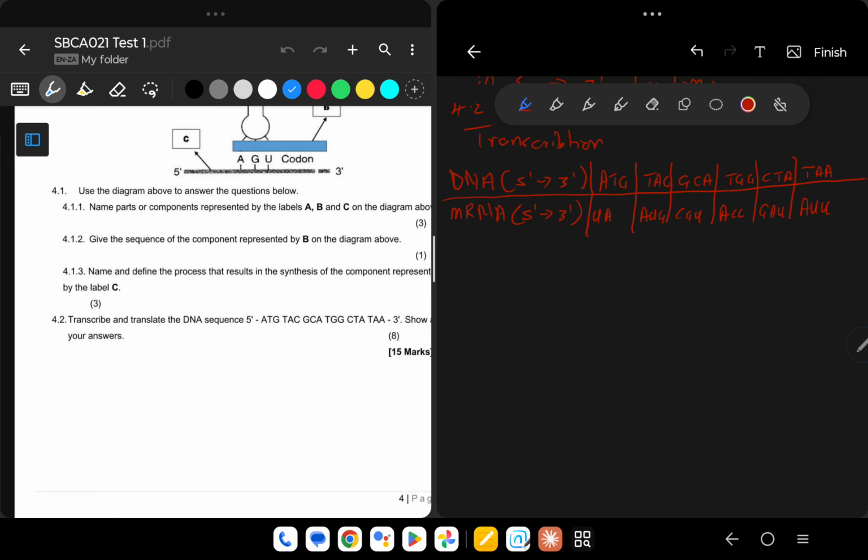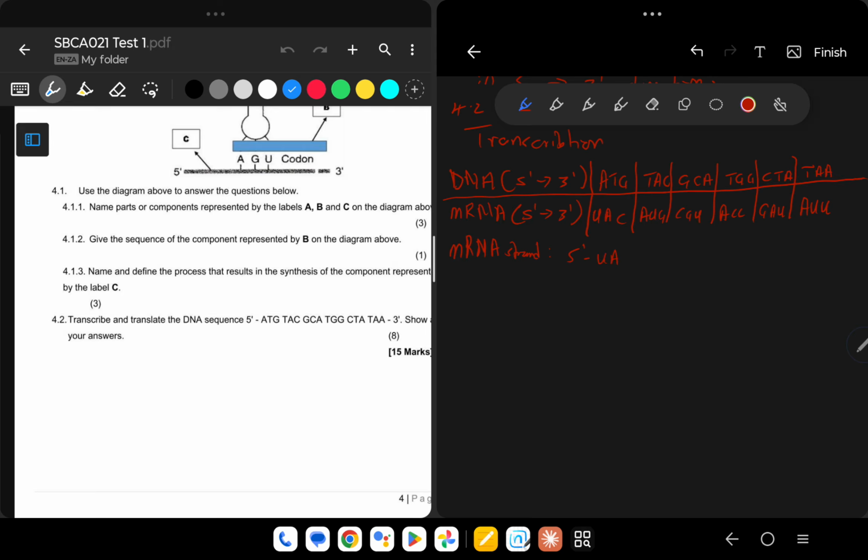So now moving forward, our mRNA strand is just going to be 5 prime A U, okay, you'll forgive me with the background noise there.